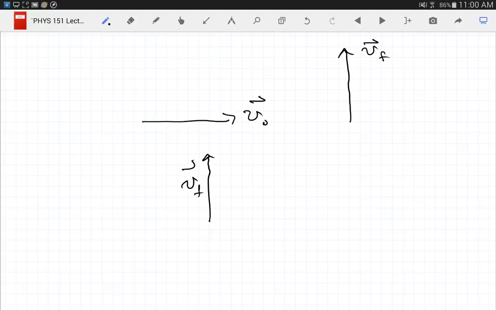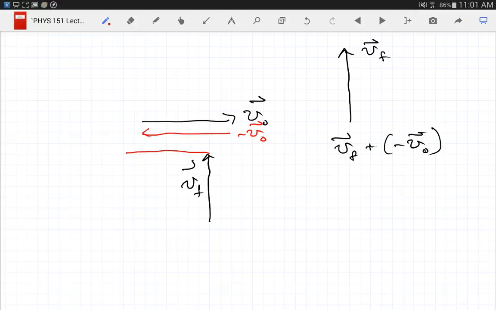When we subtract a vector, what do we do? Yes, we add the negative of it. So if V0 goes that direction, then minus V0 goes that direction. Remember, you add vectors head to tail, so I started at my origin.